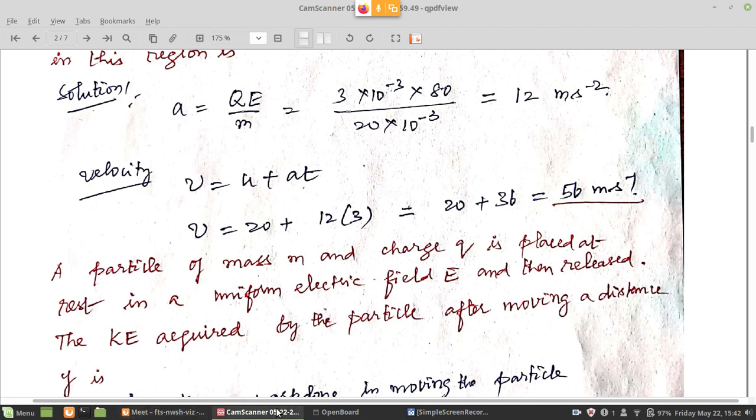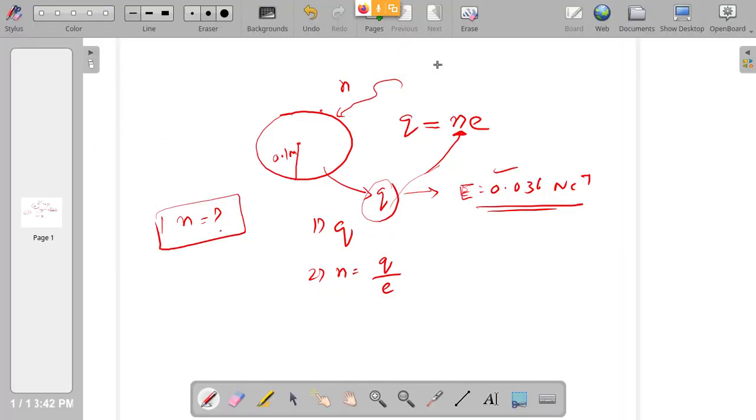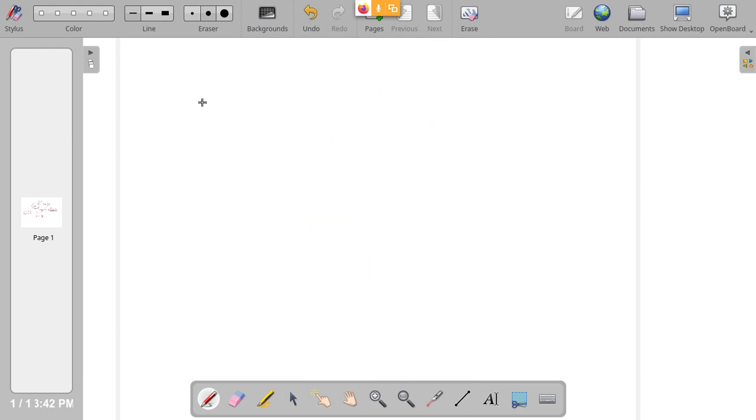So maybe for this problem I will give choices. One can easily answer them, because otherwise you will not know what terms to use. So in this question itself it is given as particle with charge q, and there is an electric field here.